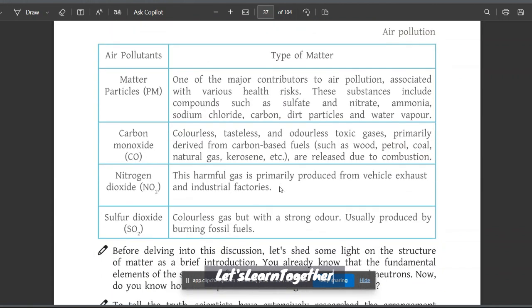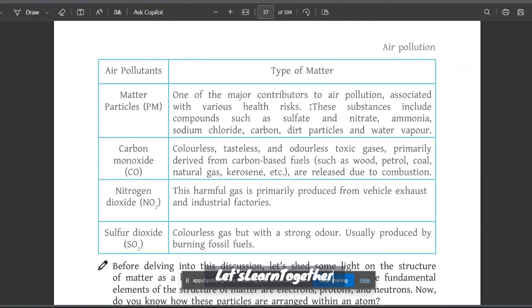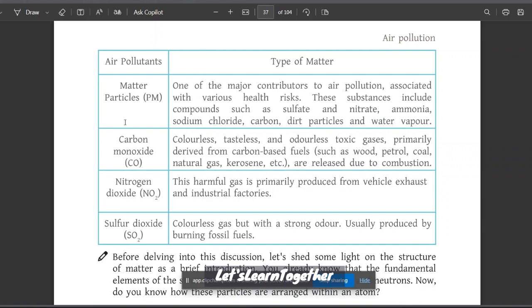So in this whole table you can see the air pollutants and type of matter. These are the names of some of the most popular air pollutants, and this is the description of each of these pollutants. For example, what their characteristics are and how they are released or generated. So let's see. Particulate matter. One of the air pollutants is particulate matter, one of the major contributors of air pollution, associated with various health risks.